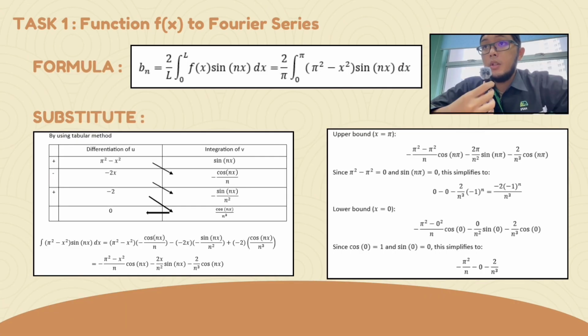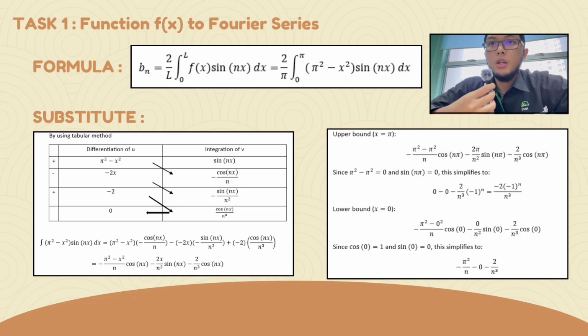We start with this bn formula, which is bn equal to 2 over L, integral from 0 to L of f of x sine n pi x dx. We input the function, which is pi squared minus x squared, inside this integral, and the limits will be from 0 to pi. To solve this, since we have two different functions, we need to use the tabular method right here, and then we get this expression.